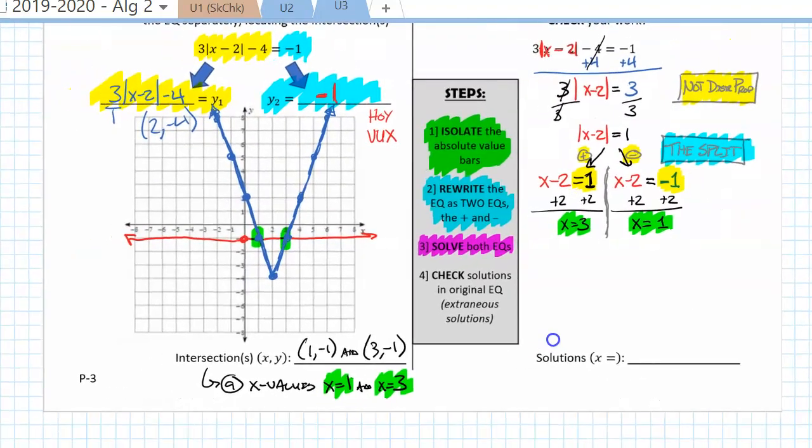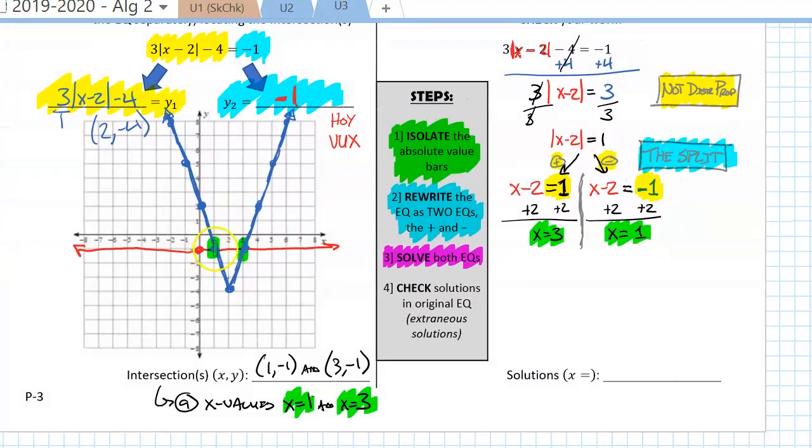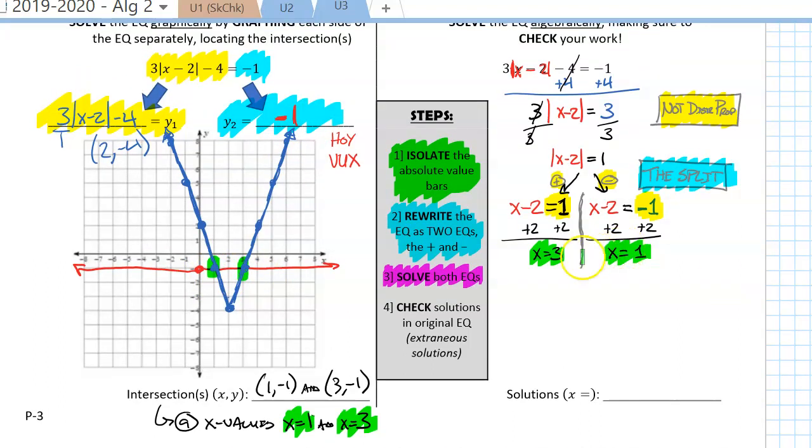They are, because those were the x values of our points of intersection back when we approached this equation as a graphing problem, graphing the left-hand side and graphing the right-hand side and finding their intersection points. Well, when we applied the algebraic technique, we got the same x values for where they were equal to negative 1. So in terms of our solutions, we get x is equal to 3 and x is equal to 1.